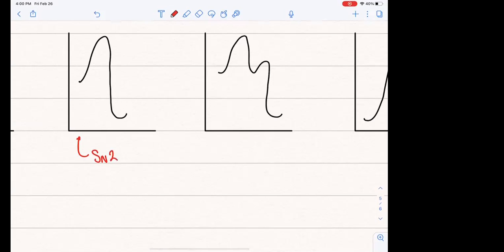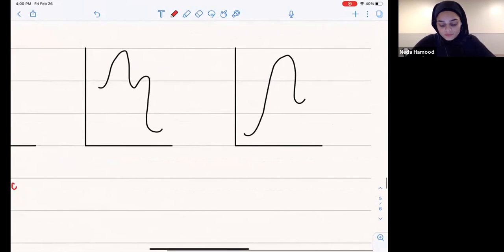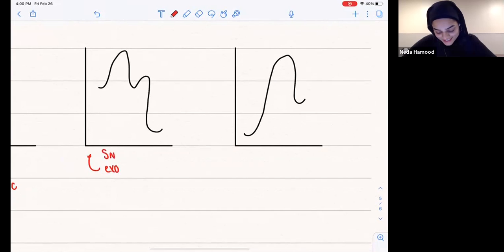It's also exothermic, but we're looking for an SN1 reaction. This one is SN1, and spoiler alert, it's also exothermic. And just for good measure, this last one here is going to be SN2 and endothermic.